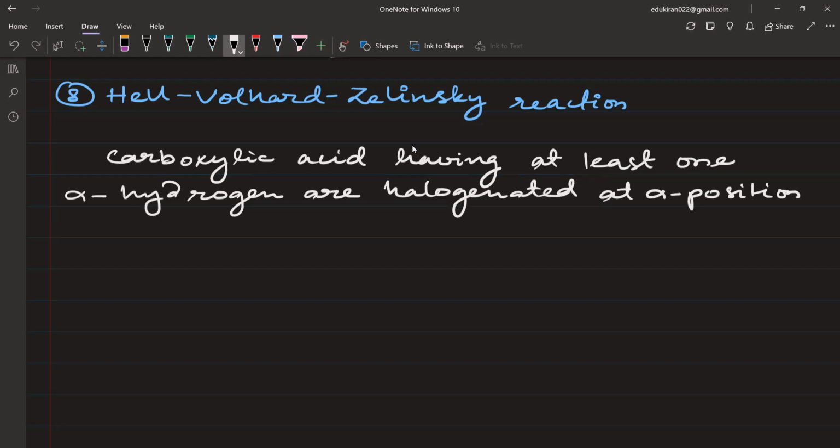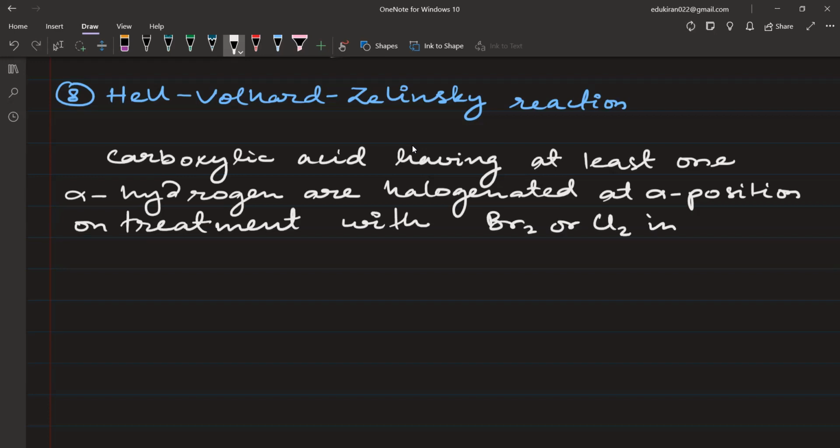First of all, what is going to happen? They are going to get halogenated at alpha position. कैसे halogenated होगा? In the presence of chlorine या फिर bromine with red phosphorus. Okay, please write are halogenated at alpha position on treatment with Br2 or Cl2 in red phosphorus.